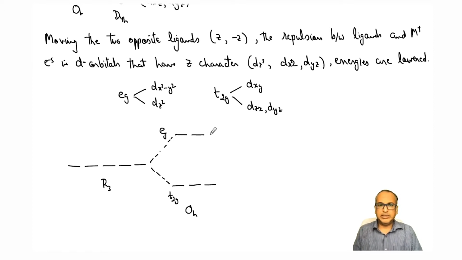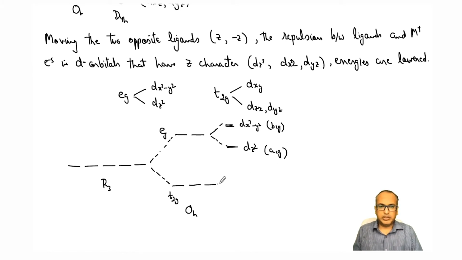Now this EG set further breaks, and I get this. Now this will be one orbital. This will be my dx square minus y square, and the symmetry of this will be B1G, and this is dz square. The symmetry of this will be A1G, right?